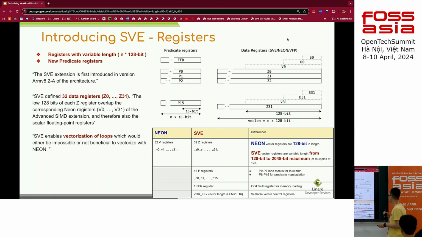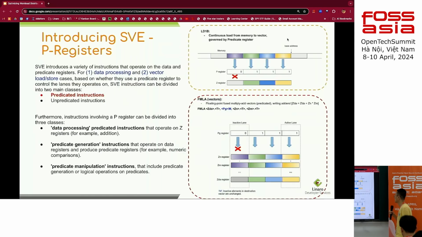That's a bit too much detail. SVE has 32 vector registers. As I mentioned, the vector length can vary from 128 bits to 2048 bits maximum. SVE also provides the P registers, the predicate registers. A predicate register is like a mask.